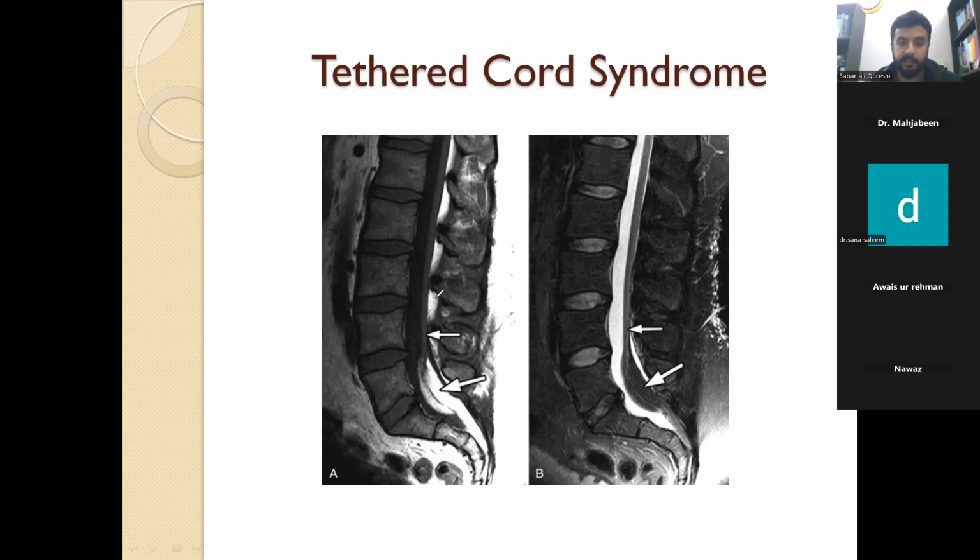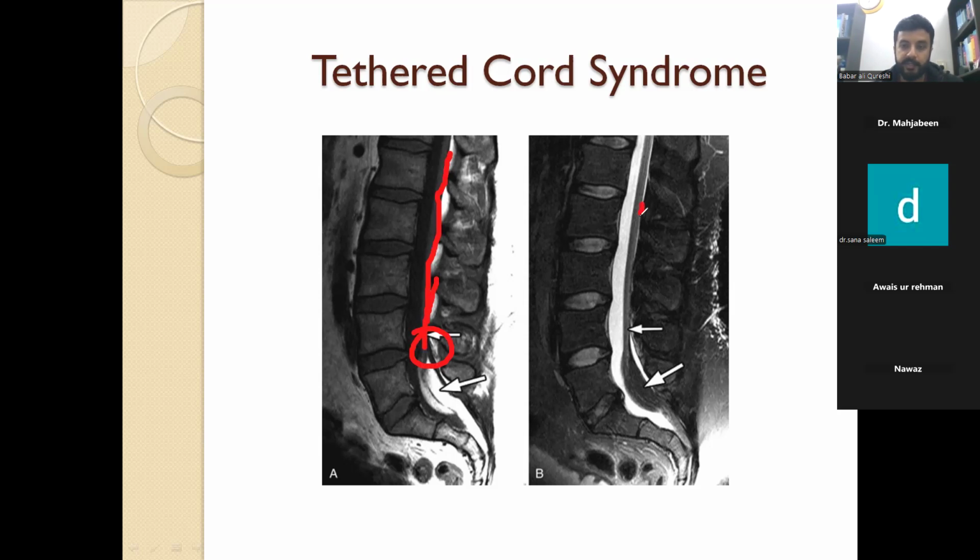As we can see in these pictures, here the spinal cord is still moving downwards. This is the T1 cuts. We can see the spinal cord, this hypointense area, which is ending up around L4 level. Similarly, T2 cuts, as Dr. Majabin told, these are very important to pick up any pathology.